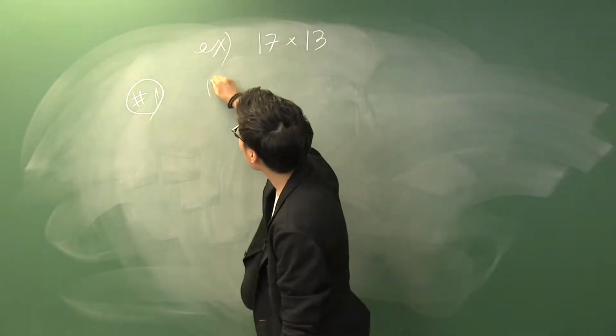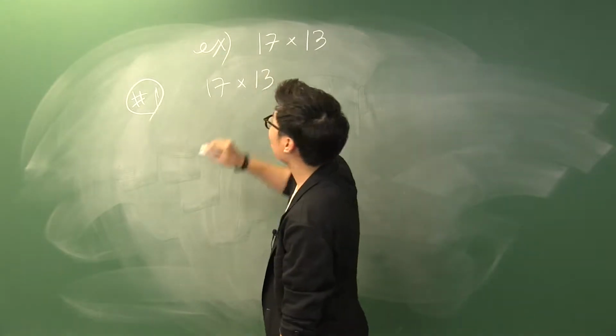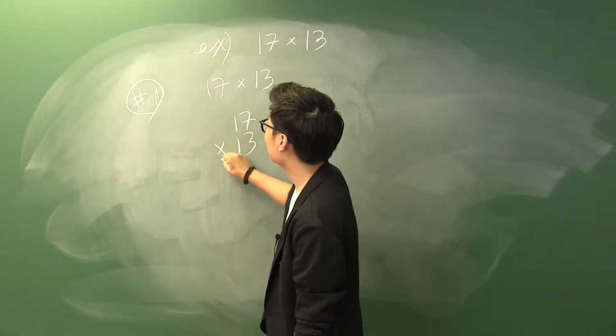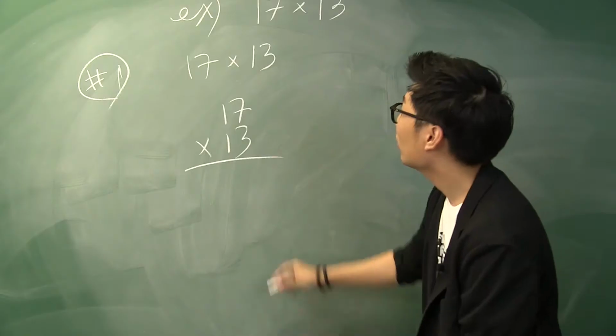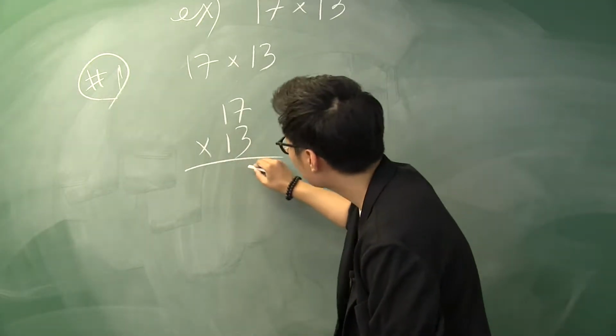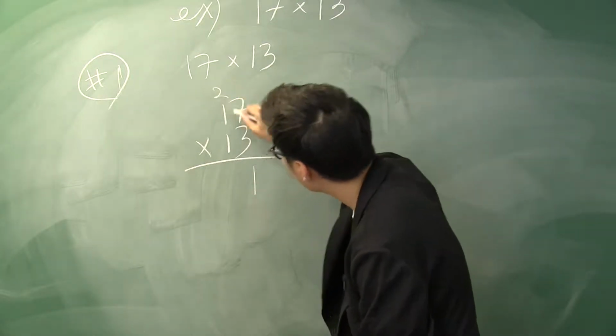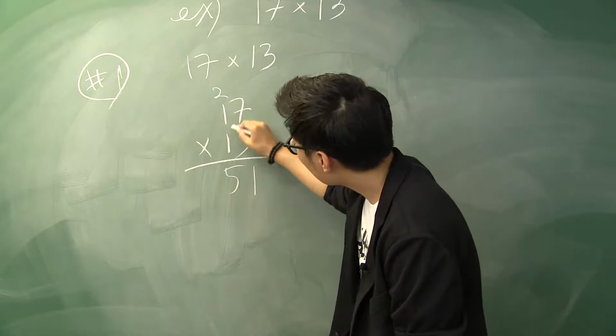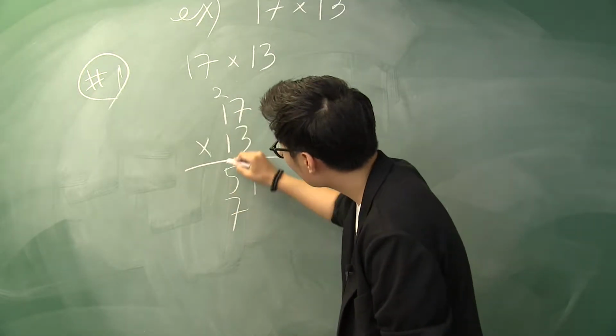So 17 times 13. What do we usually do, right? This is what we usually do, correct? 17 times 13, we write it like this, and we go 7 times 3, which is 21, so it's 1 and the 2 goes up here. 1 times 3 is 3, plus 2, and it's 5 here. 7 times 1, and then 1 times 1.